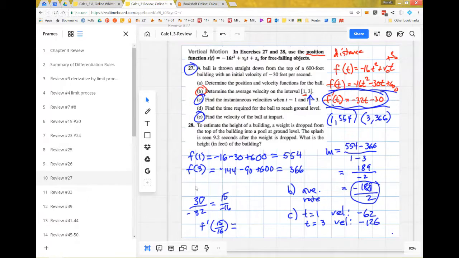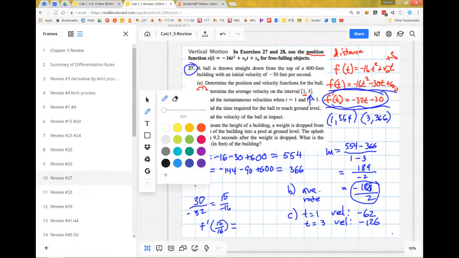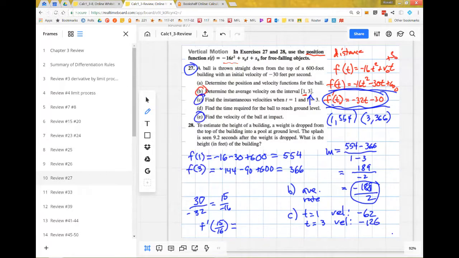So if you look at this equation that they give you here, you'll see it's got negative 16t squared plus the initial velocity times time plus the initial height s0. So v0 stands for the velocity when it was first shot, and s0 is the height it was.